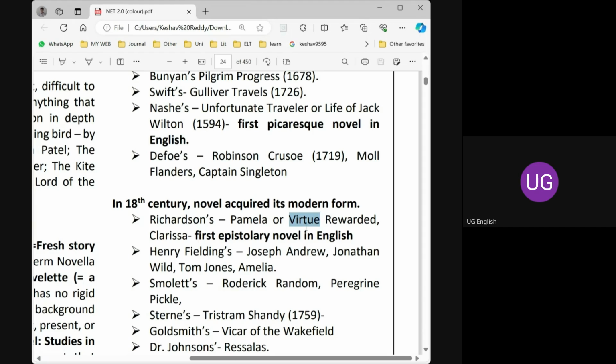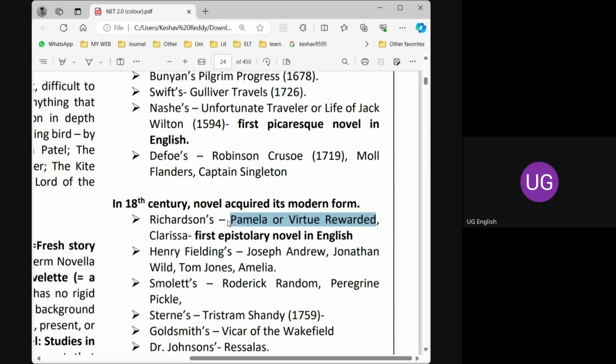So she has many good qualities. She was seduced by her master, sexually harassed, and she stopped eating food, and she protested against him. And finally the boss changes his attitude, and finally the boss marries this girl.